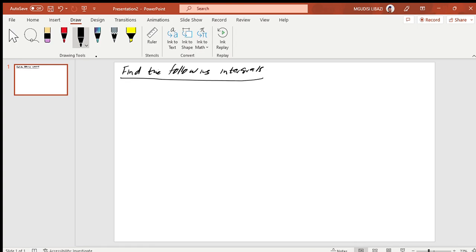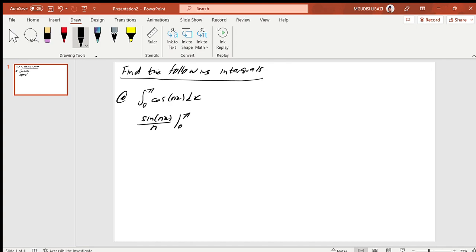So this is the question that we have, and the first one, we are given the integral from 0 to pi of cosine of nx dx. So first things first, we have to integrate cosine. The integral of cosine is a sine of nx and then divided by n, which is the derivative of the inner function, evaluated from 0 to pi.